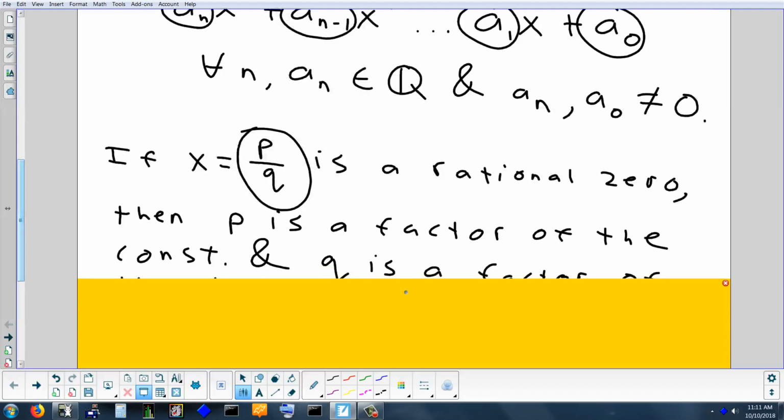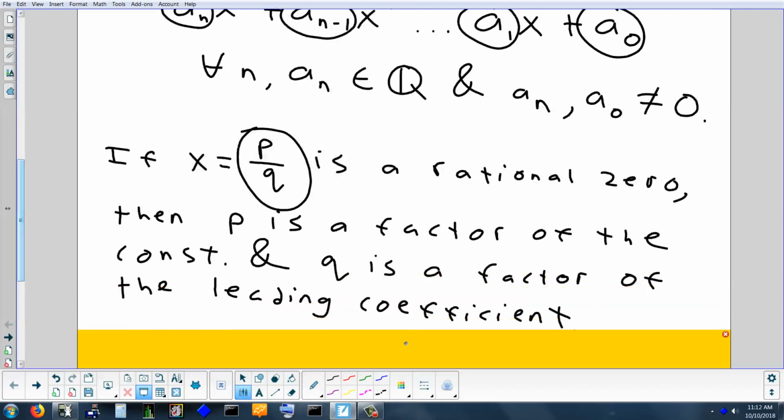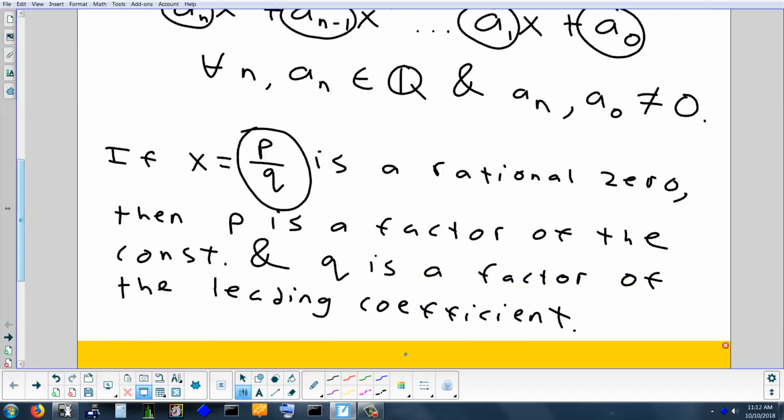So if you're trying to find rational roots, the numerator of your fraction always has to be a factor of the constant. The denominator is a factor of the leading coefficient.